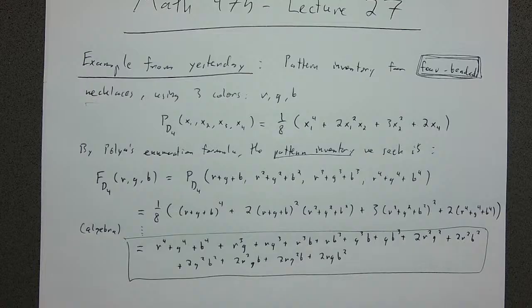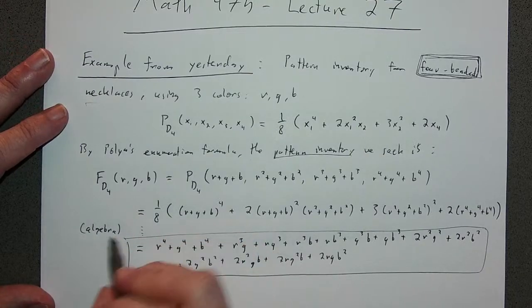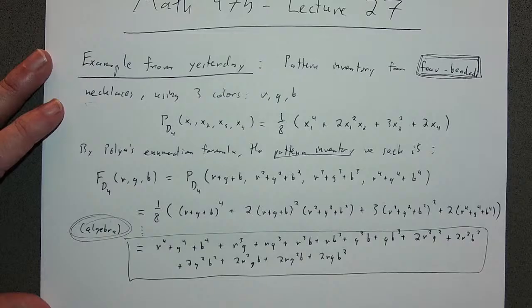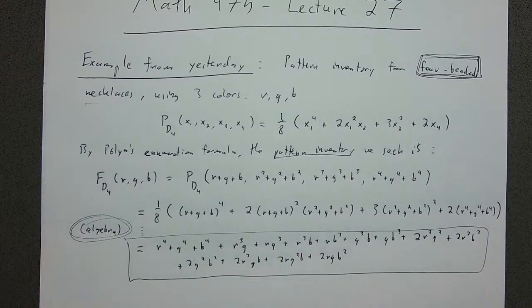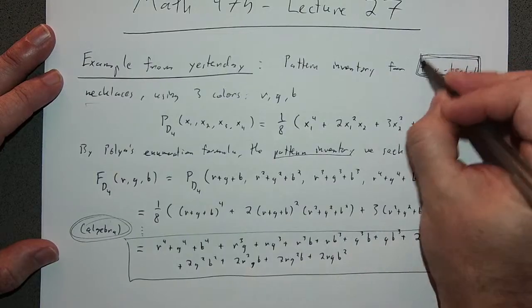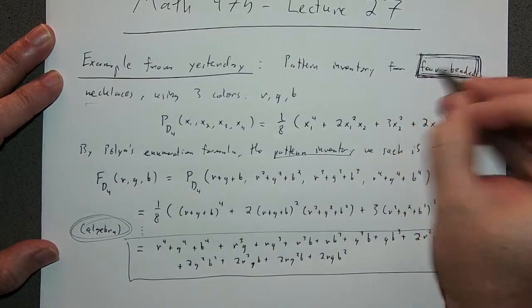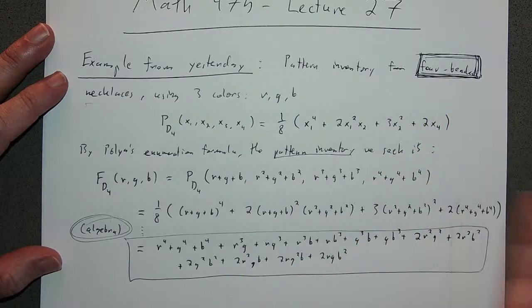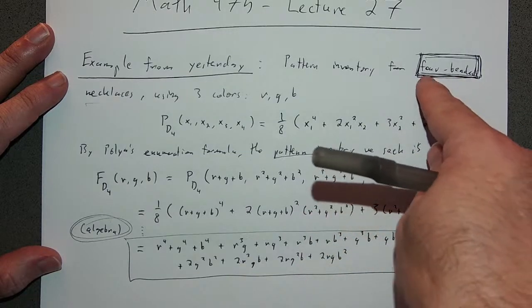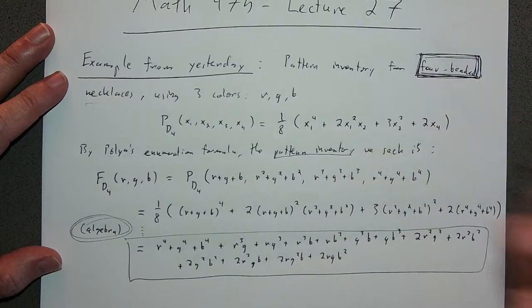You might look at this and say, wait, I don't need to do this awful algebra because I can just count what these coefficients would be, knowing what the pattern inventory is supposed to be. And that's true for this type of problem. It's easy because there's not that many beads. So 4 beads, 3 colors. If I were to ask you how many non-equivalent ways are there to build a 4-beaded necklace using only red, so all 4 beads are red, you would say 1, obviously, and that's the coefficient here.